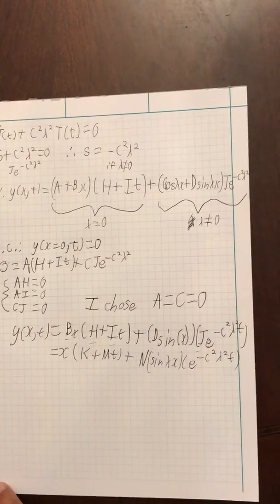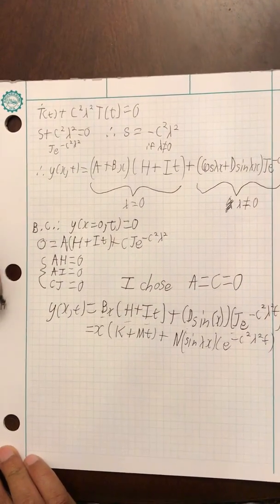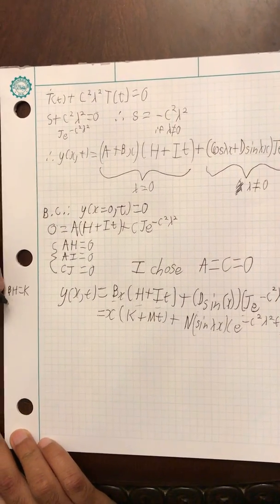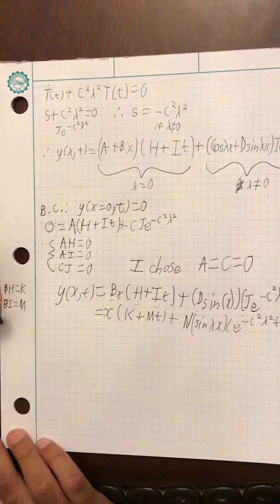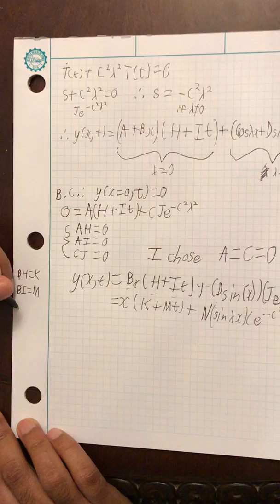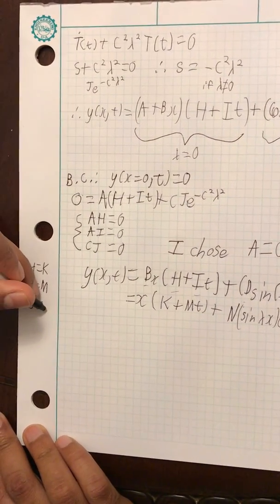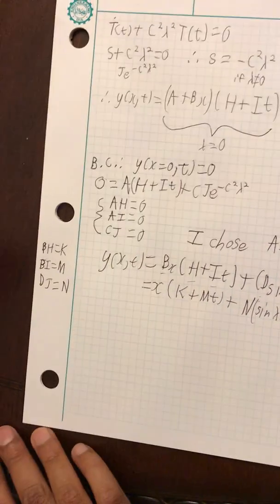So here I'll write it on the side: B H equals k, B I equals m, and D J equals n. Just for clarification.